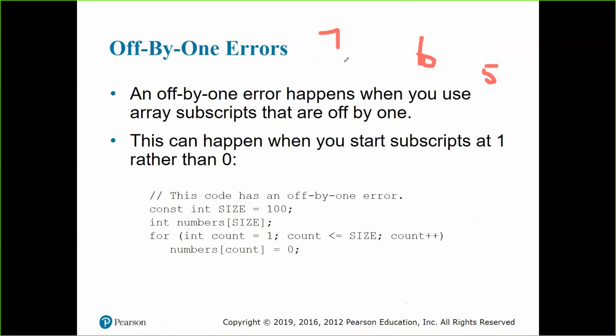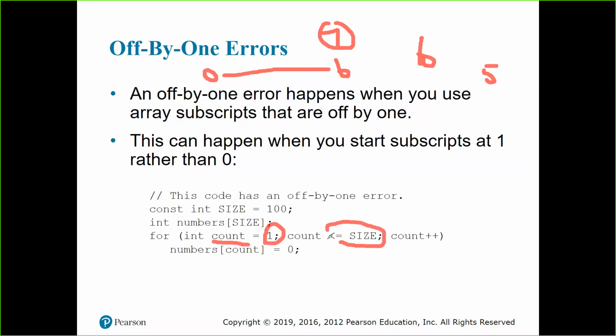If the size is 7, then the indexes should go till 6, because indexes start from 0. So 0, 1 until 6 is equal to 7. Most of the time we get this type of error, and the cause is starting the loop from 1, so we should be very careful to start the loop from 0, not from 1.